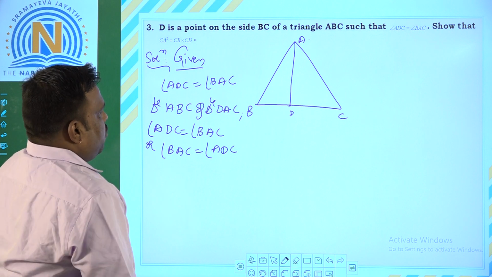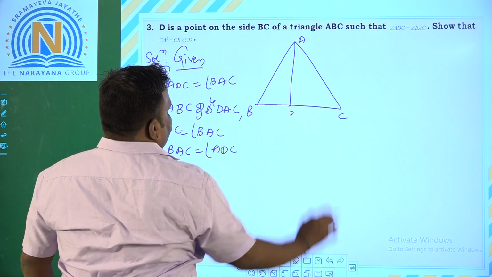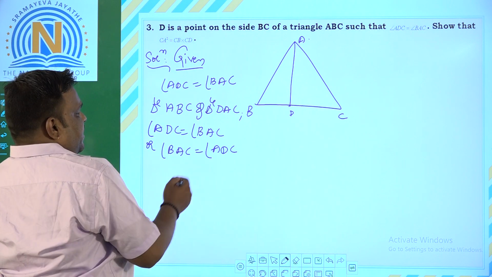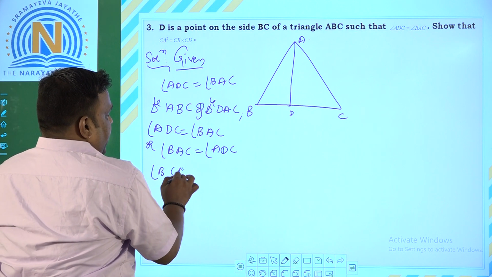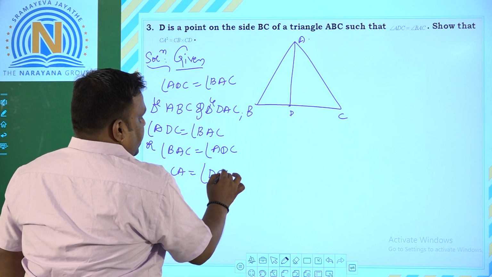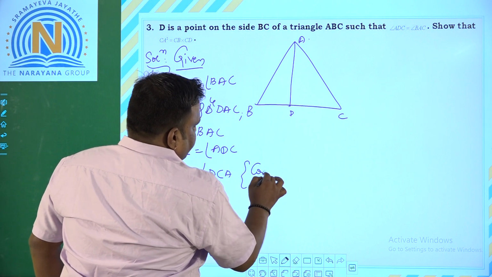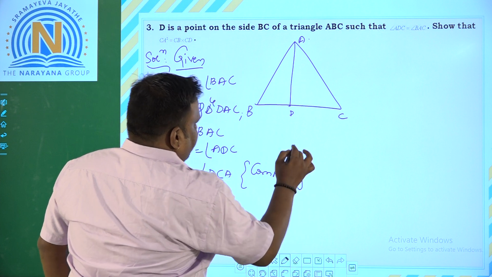And next, if you concentrate here, C is a common angle for both. What is that angle? The C is a common part. That means angle BCA is equal to angle DCA, since it is a common angle for both.